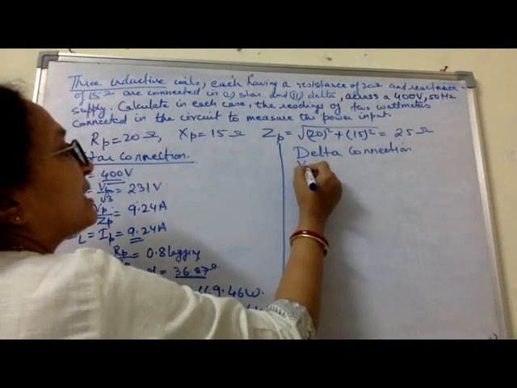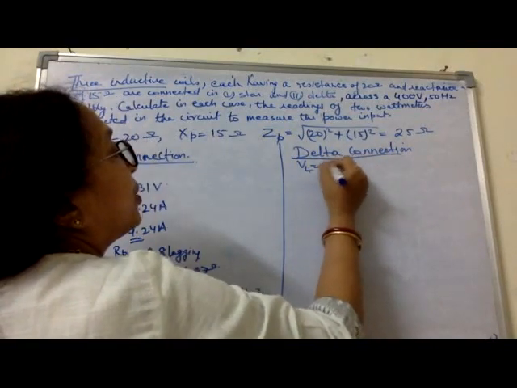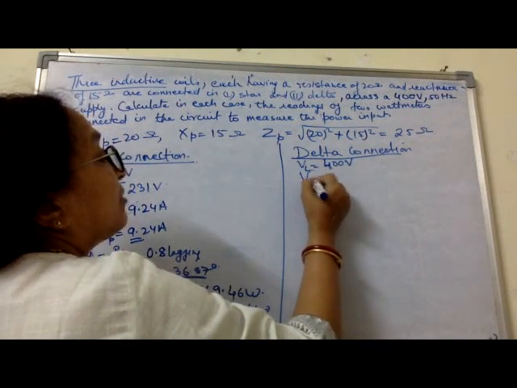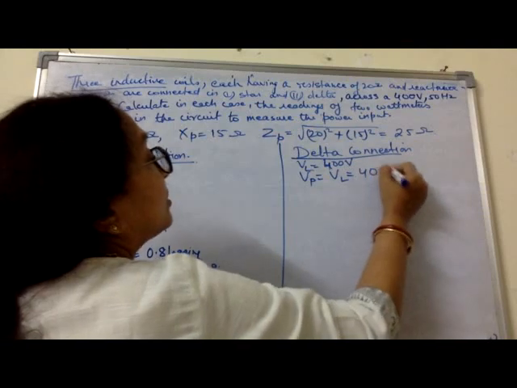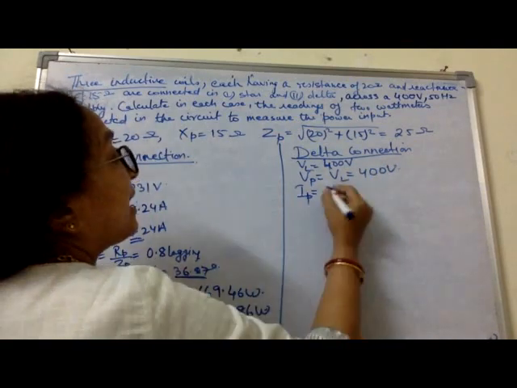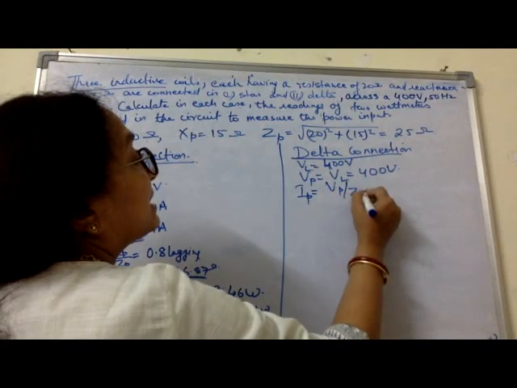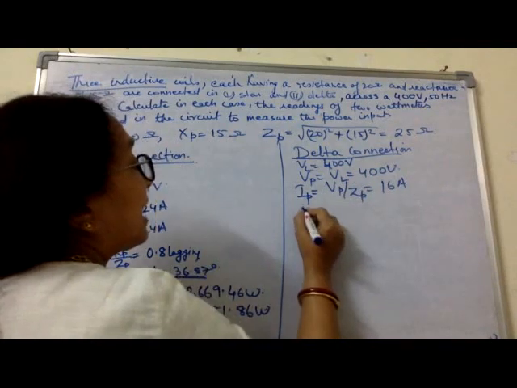For delta connection, given is VL equal to 400 volts. In case of delta, the phase voltage is equal to the line voltage, so it will be 400 volts. The phase current will be Vp by Zp, that is 400 divided by 25, 16 amperes.